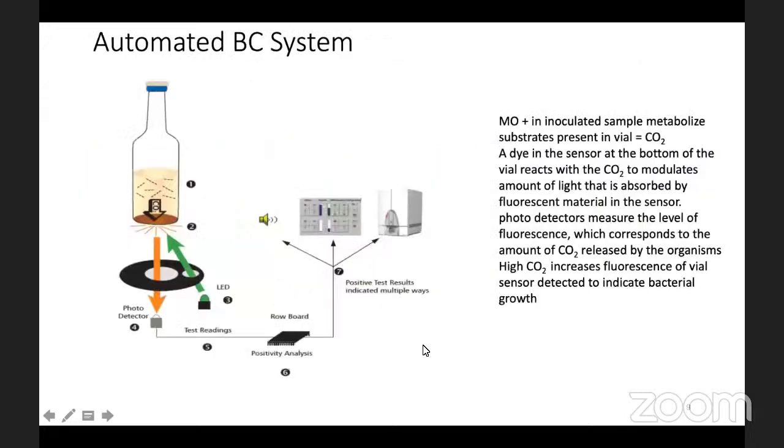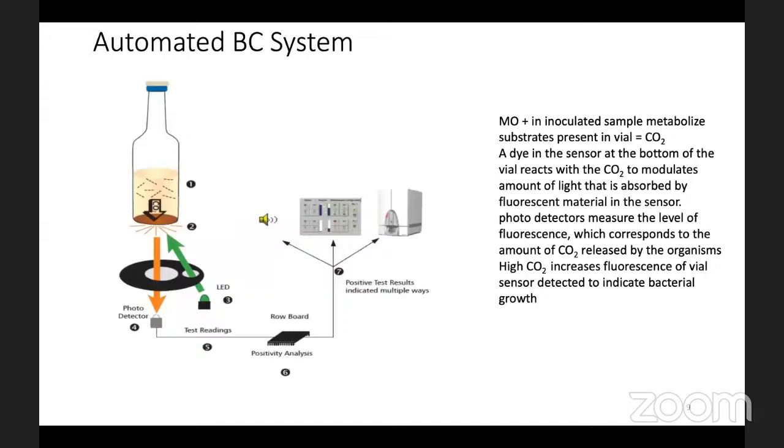So how does this system work? I'll talk of the most popular one, the BD Bactec. So the bacteria grows. Once there's bacteria growing in a medium, it releases carbon dioxide by metabolizing the substrates in the medium.